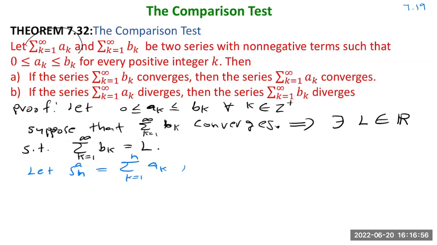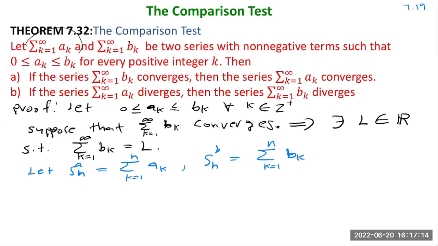And then I'm going to take S_n^B to be the sequence of partial sums for the second series, the sum from k = 1 to n of b_k this time.